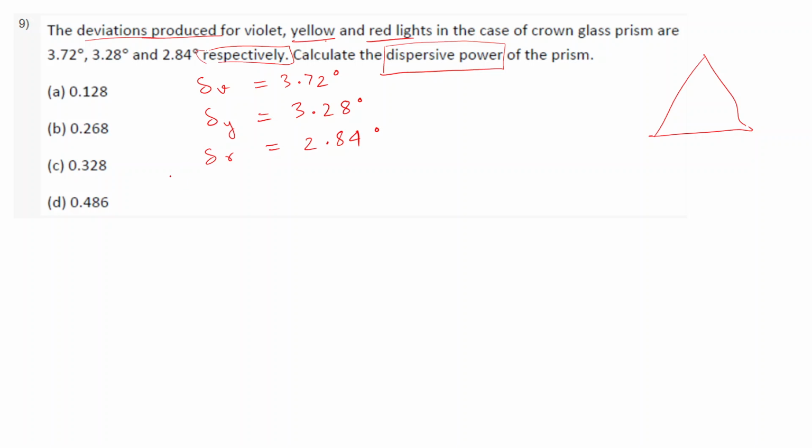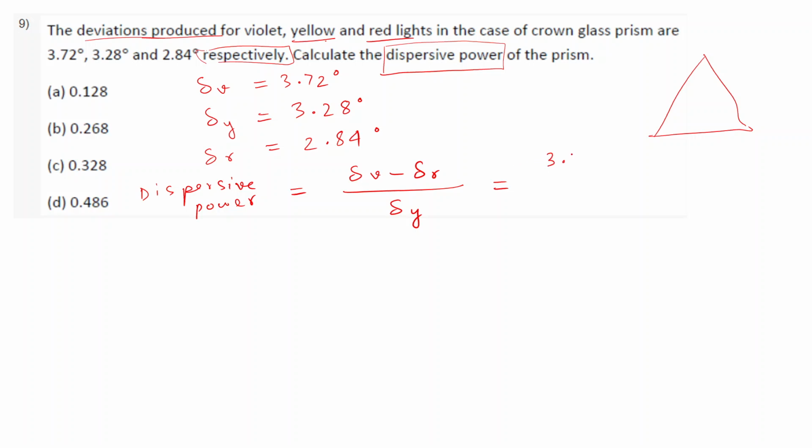So the dispersive power of the prism will be the deviation in violet light minus the deviation in red light, divided by the deviation in yellow light. All these three things we have been given. We'll substitute the values.